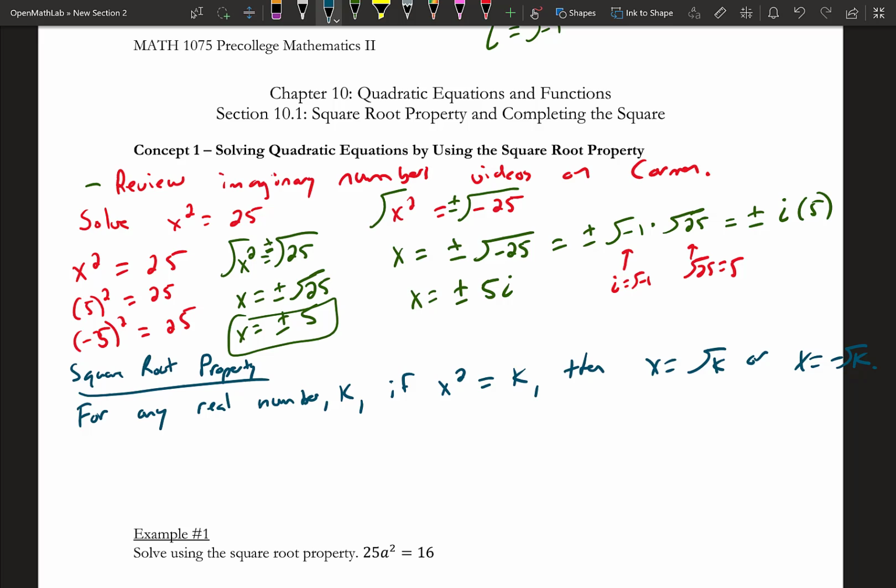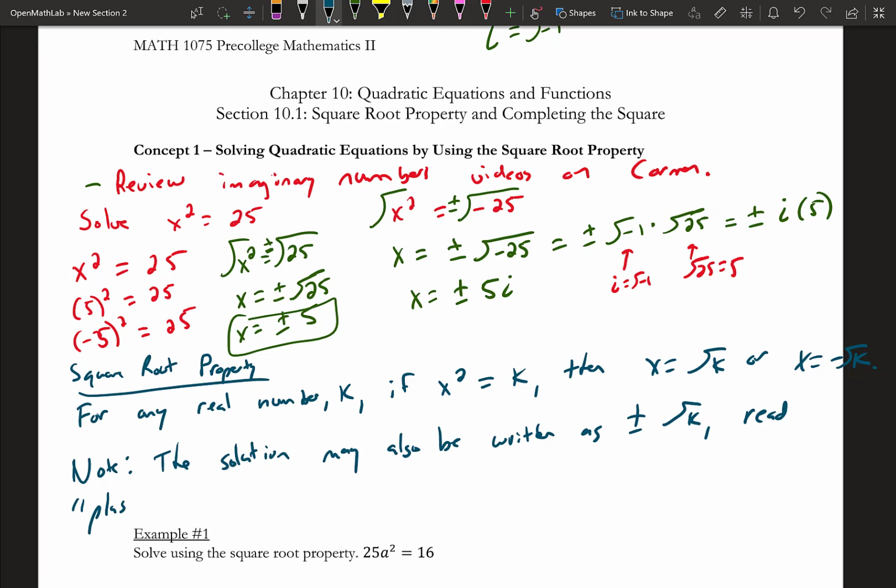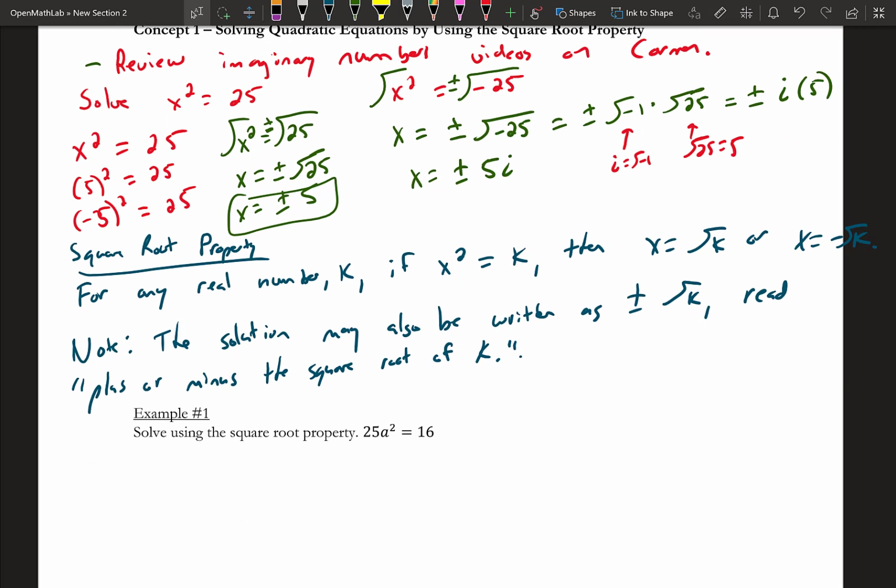Note, the solution may also be written as plus minus radical k, and that's read as plus or minus the square root of k. So that's the square root property.